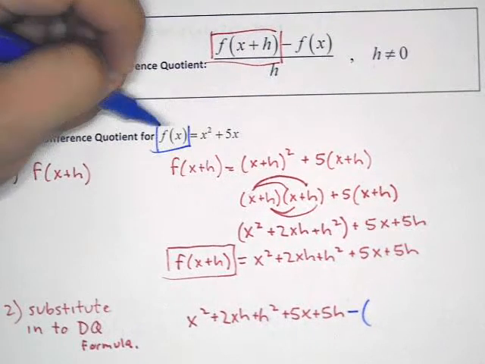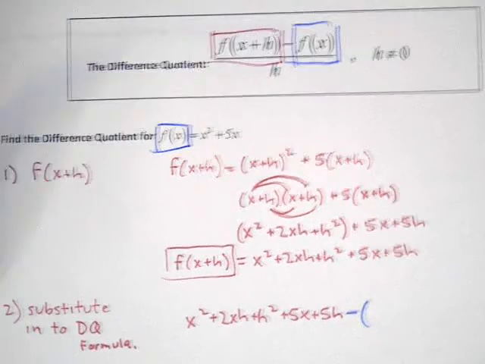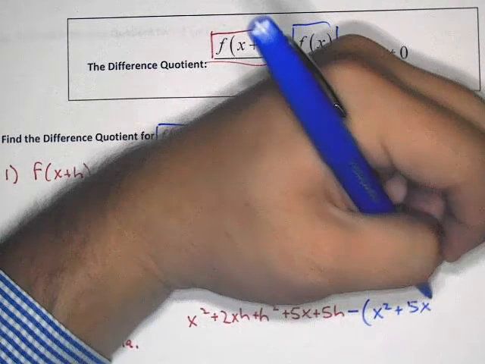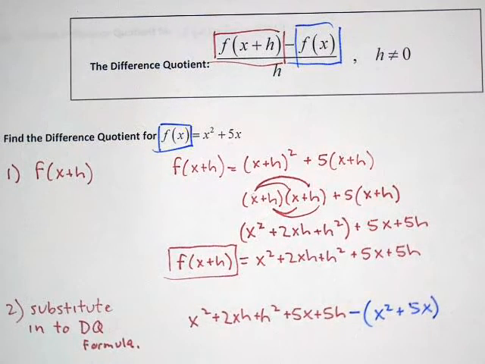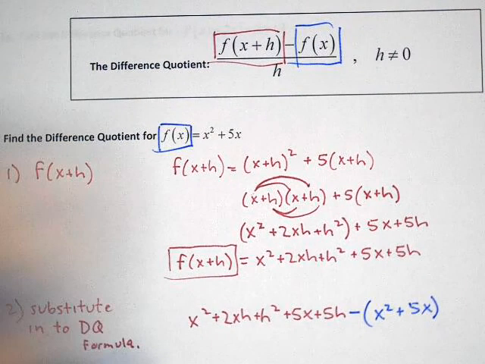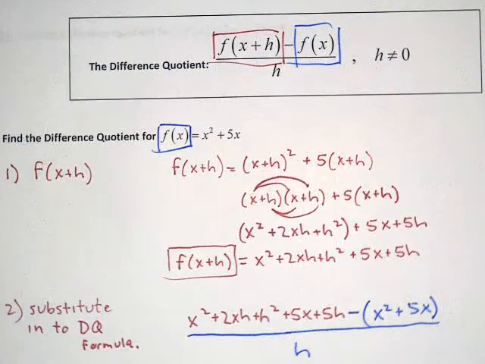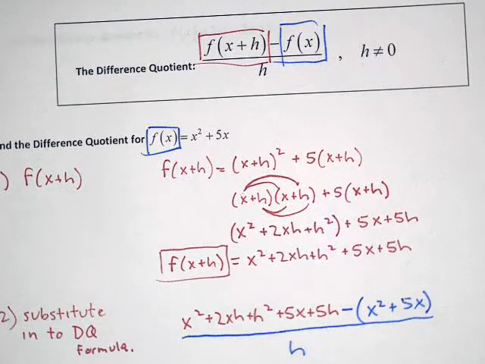So I'll box this. I am going to now plug in x squared plus 5x. And this should all be over h.